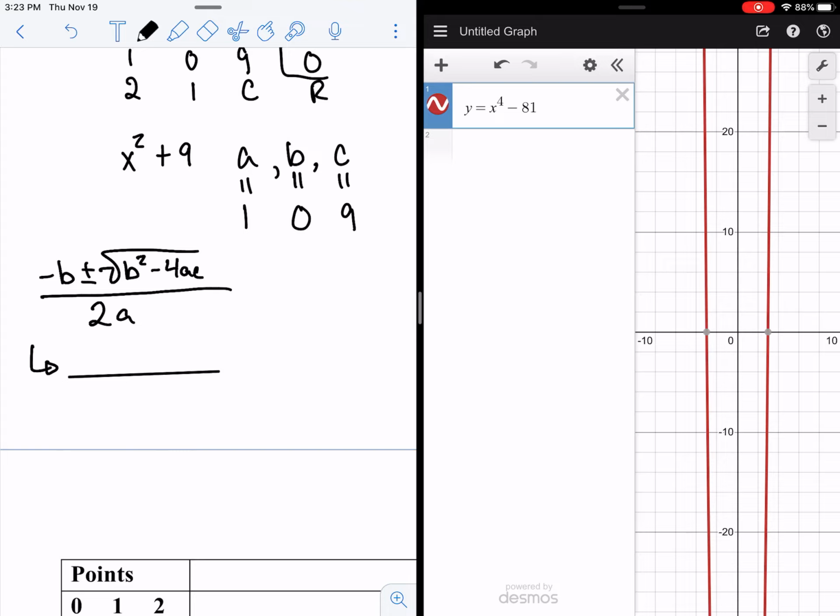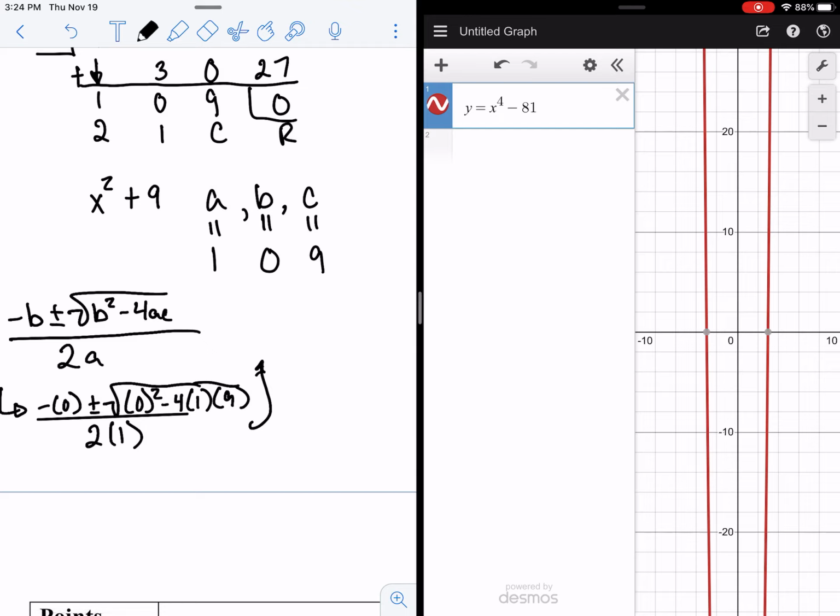Negative b, so negative 0, plus minus square root b squared, so 0 squared minus 4, a is 1, c is 9, all over 2a, and then a was 1. Negative 0 is 0, so I'm not writing it, so I have plus minus. 0 squared is 0, minus 4 times 1 times 9. 4 times 1 is 4, times 9 is 36. All over 2.